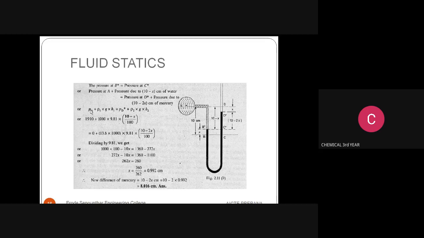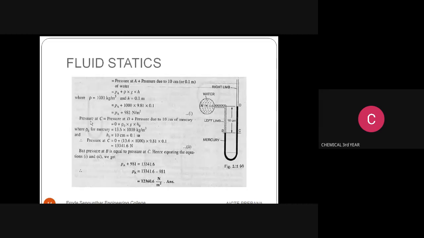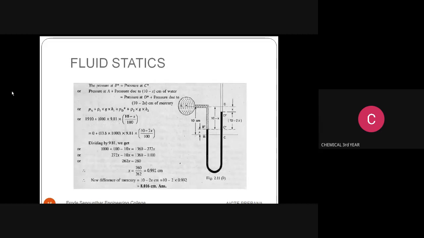So what is PA? It is 9,810, plus 1000 into 9.81 into the height, which is 10 minus x divided by 100. This is equal to the pressure at D star, which will be 0 plus pressure due to 10 minus 2x centimeter of mercury.